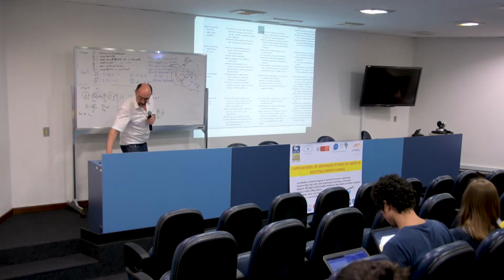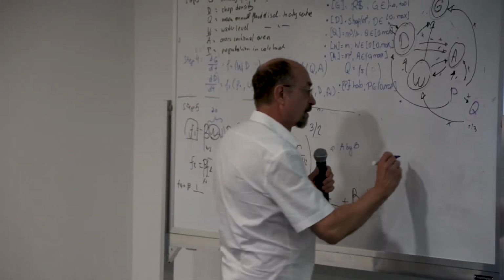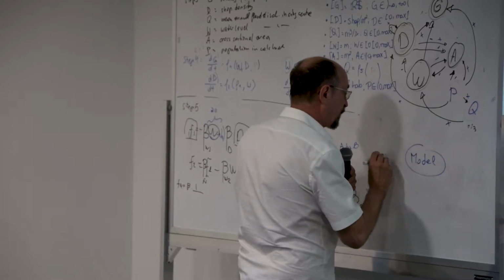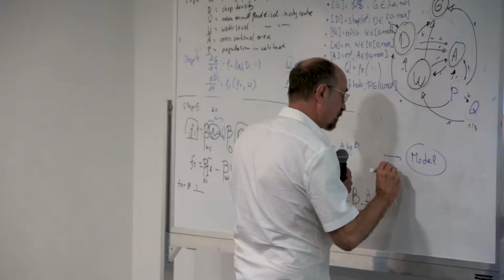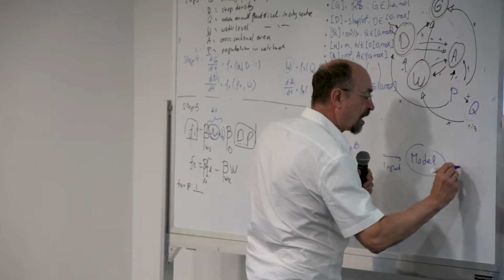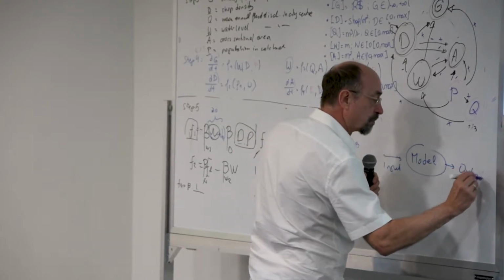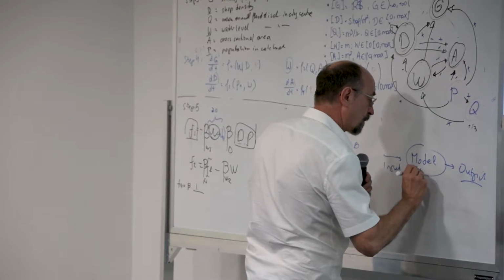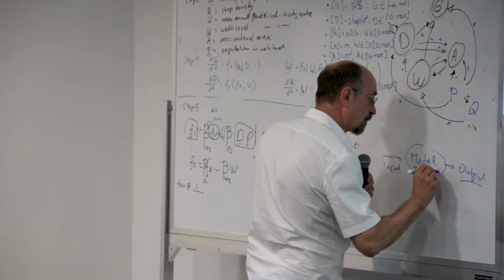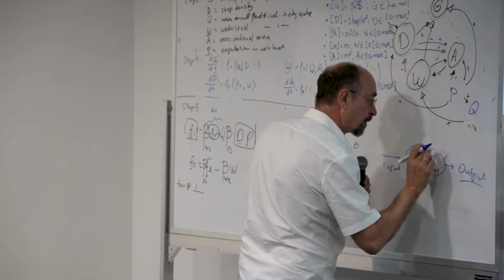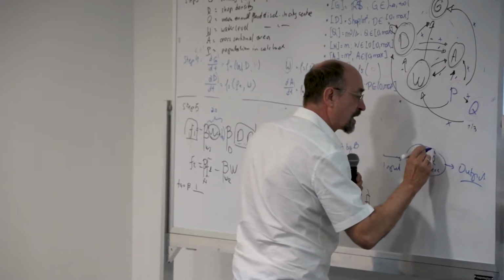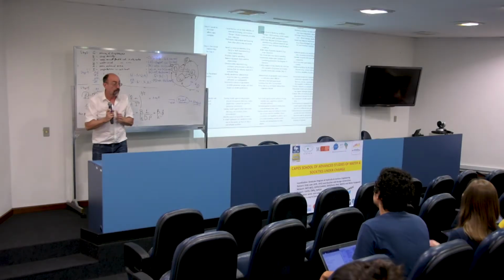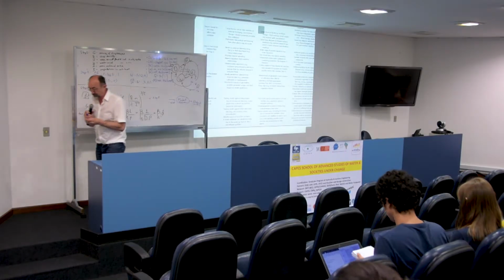So when you have a model, you have an input and you have an output. Okay, we can discuss Pareto later. We can discuss what Pareto is later.